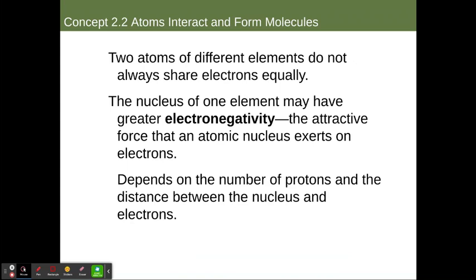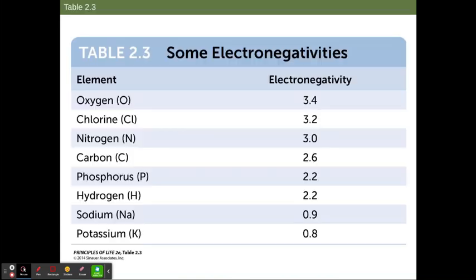We see the orientation and the electron sharing pairs between the electrons that are there. So when we look at some of these, we have different electronegativity values: oxygen being 3.4, carbon 2.6, all the way down with potassium at 0.8.